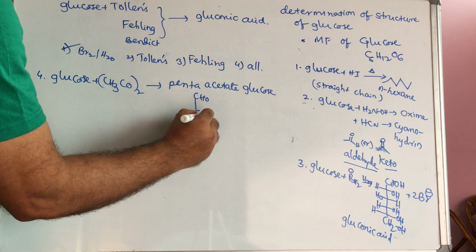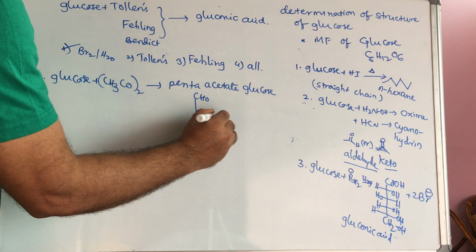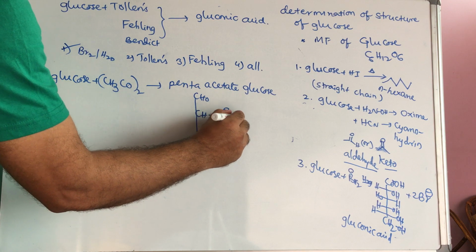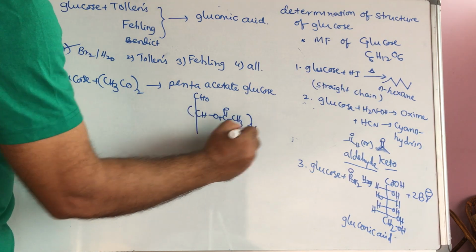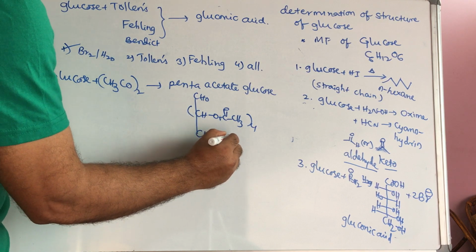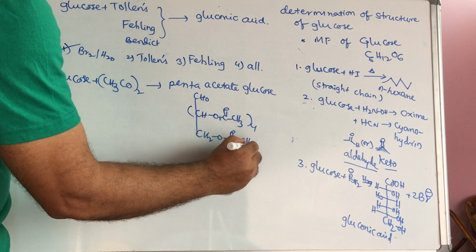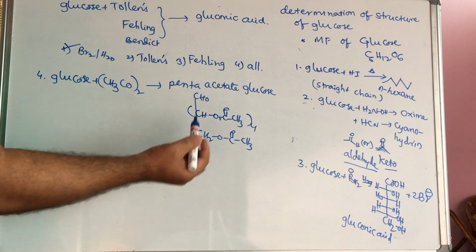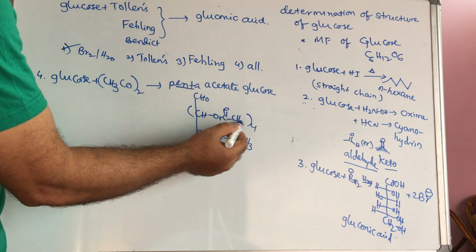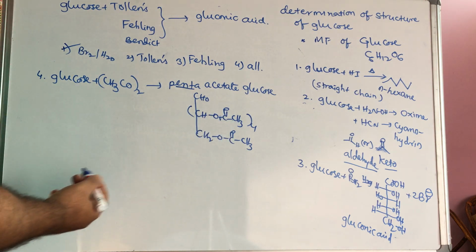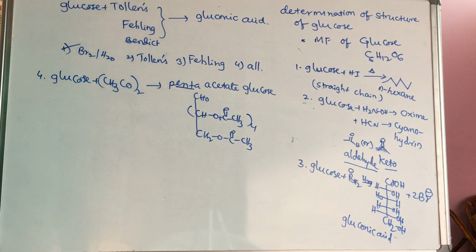And next CHOCOCH3, this is 4 times, and here CH2OCOCH3. This is an ester. So how many ester groups are there? Here 4 and here 1, total 5. So it is glucose pentaacetate.